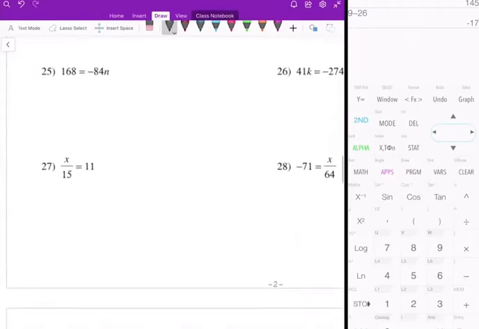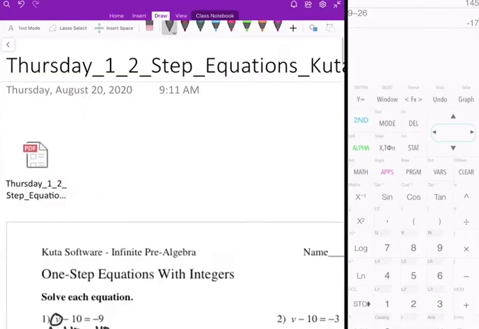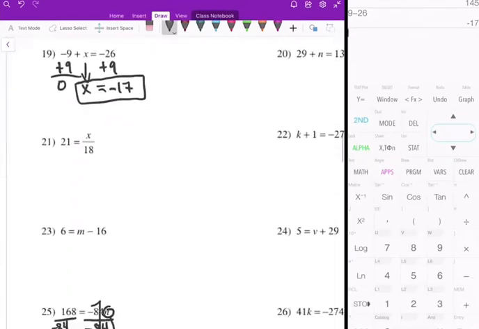So 25 is just one step, but we have to divide by negative 84 to both sides. So negative 84 divided by negative 84 is just 1. You bring down your variable and equals, right? Sorry, it does that sometimes.